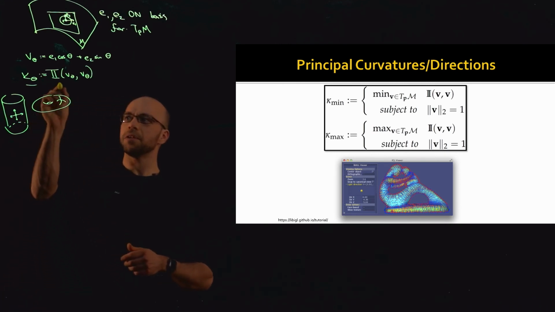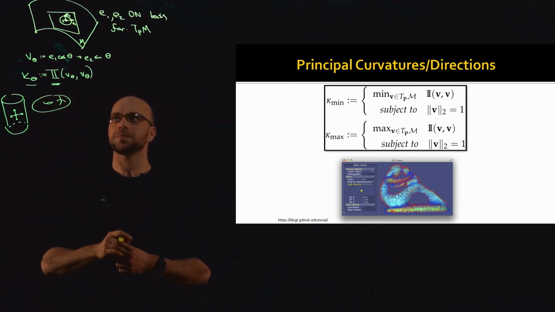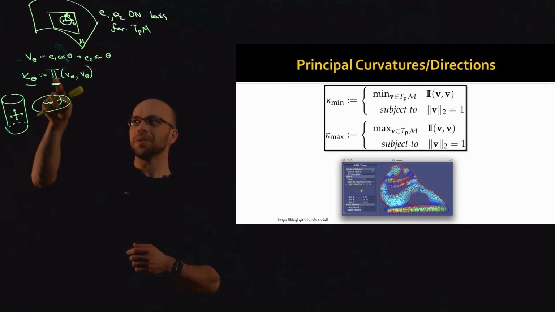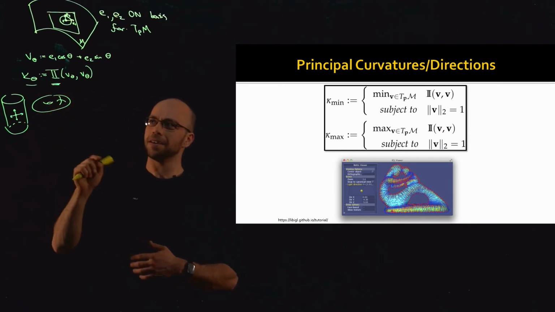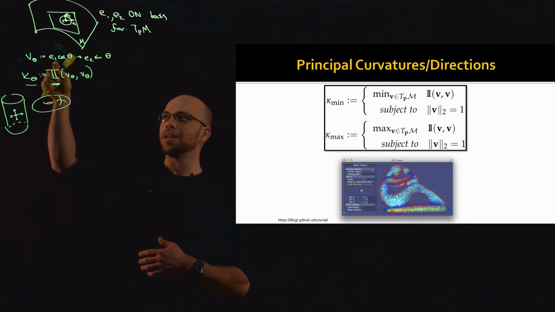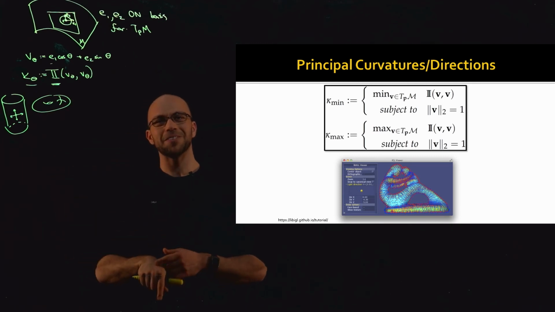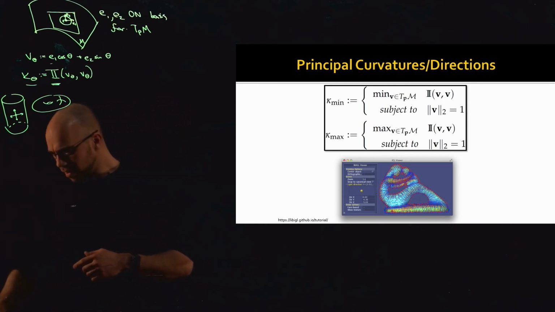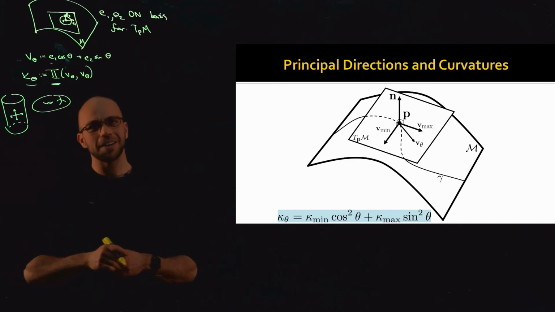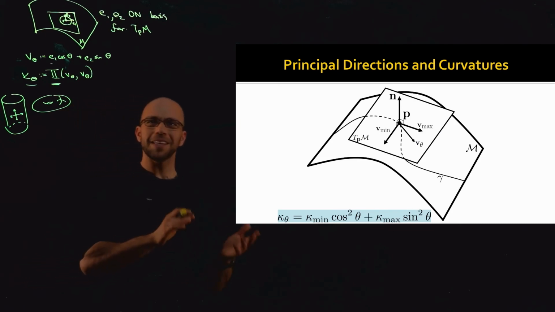Remember that our second fundamental form is bilinear, right? Meaning that actually we only really need to know 4 different quantities: II of E1, E1, II of E1, E2, II of E2, E1, which is the same, and II of E2, E2, right? That symmetric matrix. Because of that, we can write curvature as a function of theta in a really tidy way.